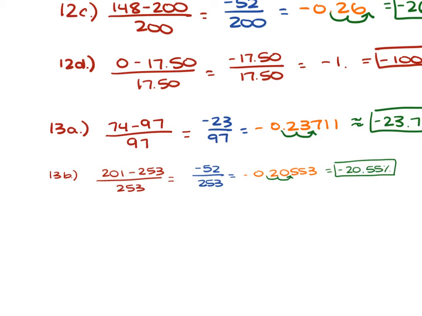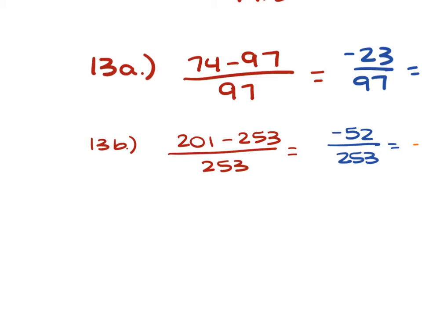For C, we're given 789 to 1,102. So our original is the 789, our new is the 1102. New minus original is going to give us 1102 minus 789 over the original, which is 789.